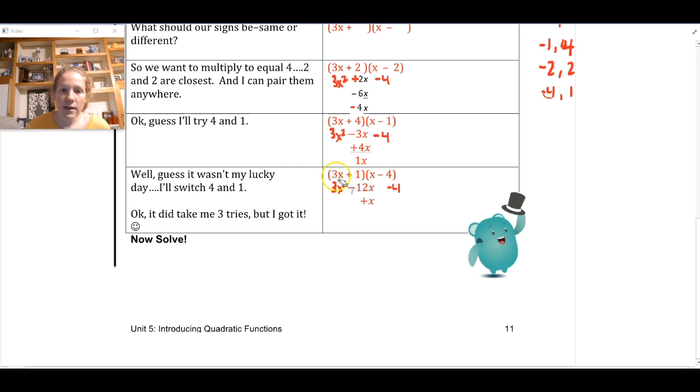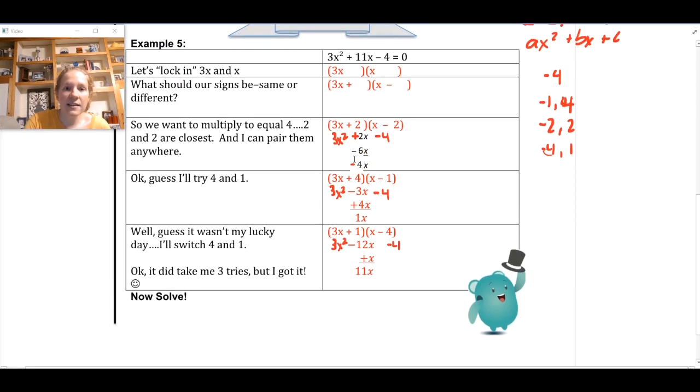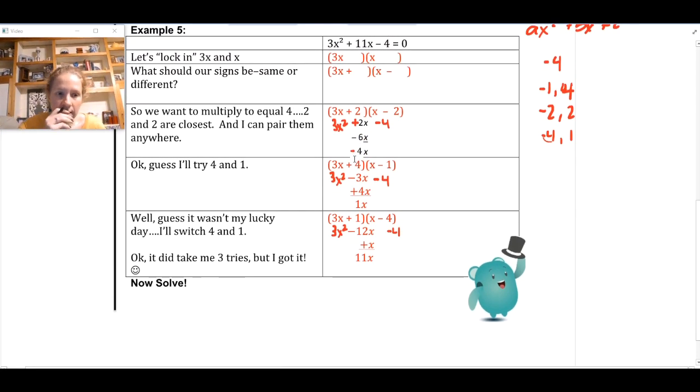Well, 3x times negative 4 is negative 12x. 1 times x is x, and that does add up to negative 11x, which is exactly, no, I wanted positive 11. Crud.